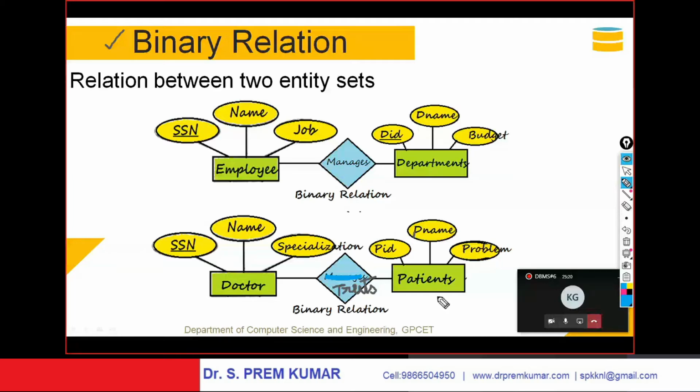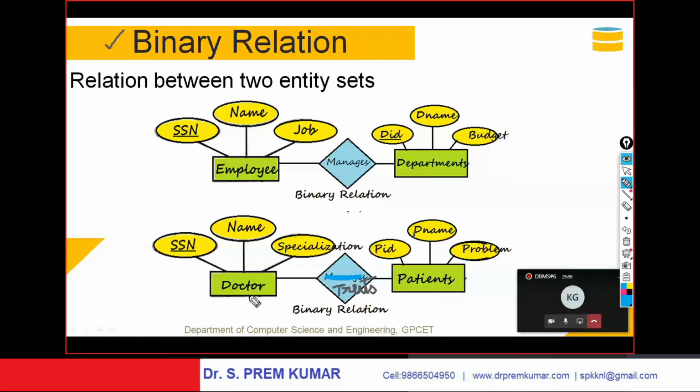First we need to draw the diagram. For a super specialty hospital, you are asked to create a database. I want to store the details of the complete transactions that are going on in the super specialty hospital. Then what you need to do is observe the real world situation. When you observe, you will come to know there are many doctors, there are some patients, and many more observations you will be making.